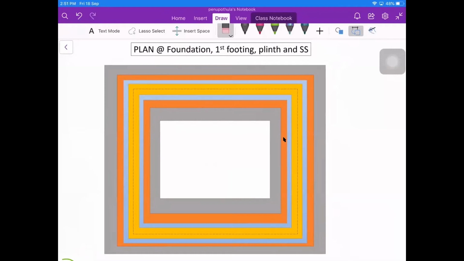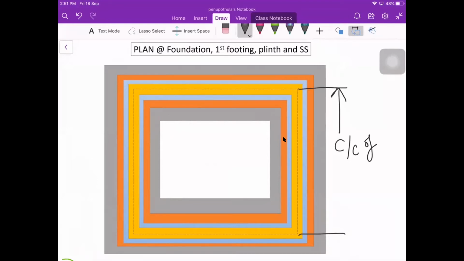If you look here, this is the center to center line length. Is it the long wall or the short wall? Short wall, which we have already calculated as 4.33 meters.